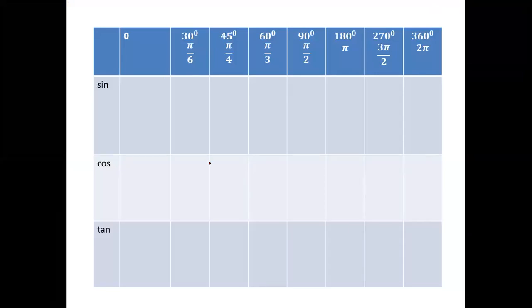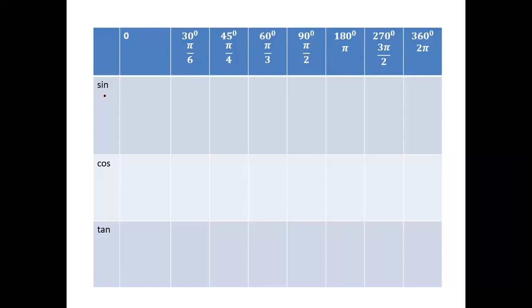Okay. So you can see row wise, there are some 7 columns. I have written the angles 0, 30 degree, 45 degree, 60 degree, 90 degree, 180 degree, 270 degree, and 360 degree. Similarly, I have written it in the radian form as well. That is pi by 6, pi by 4, pi by 3, pi by 2, pi, 3 pi by 2, 2 pi.